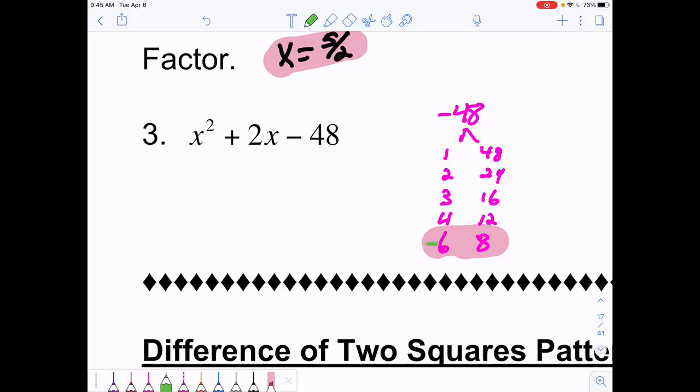Good. So we have our factors. We get x minus 6, x plus 8.